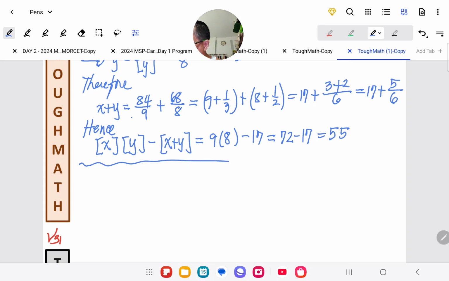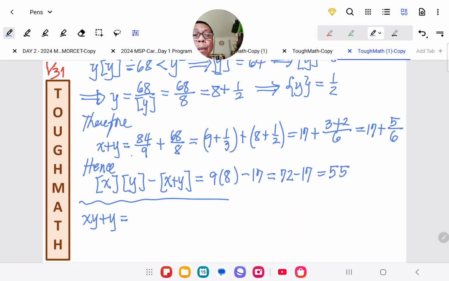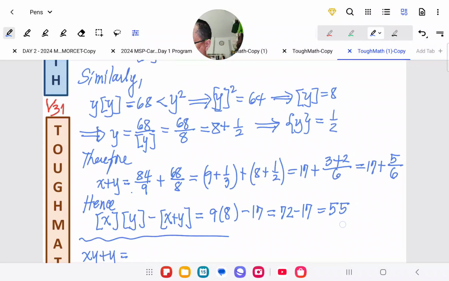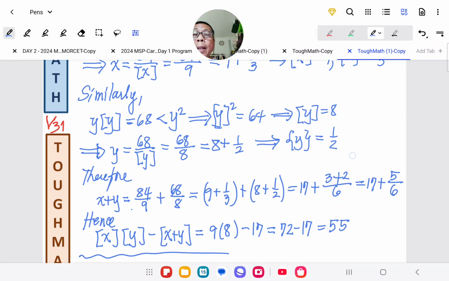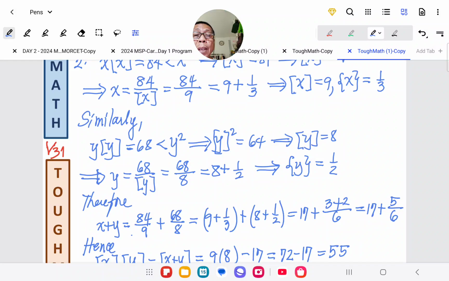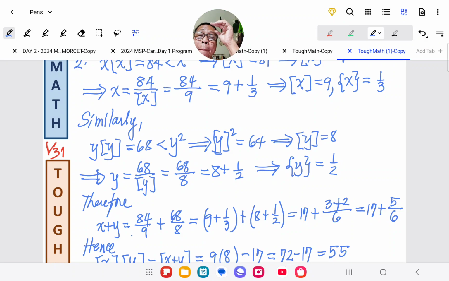So we have xy plus y is equal to, your x is 84 over 9, which is the same as 28 over 3.